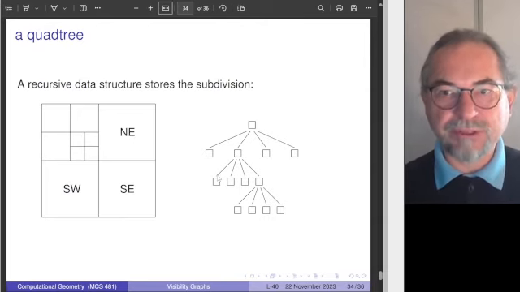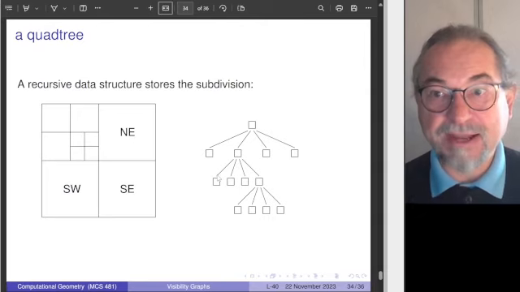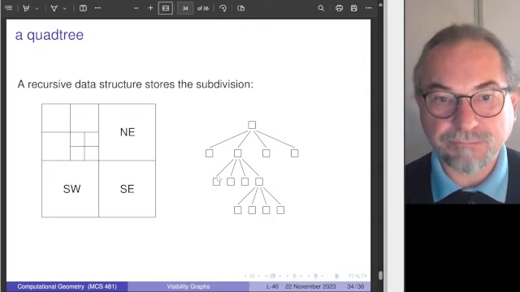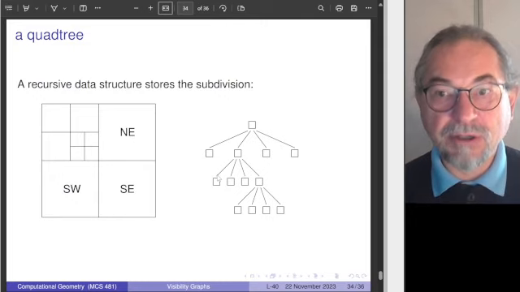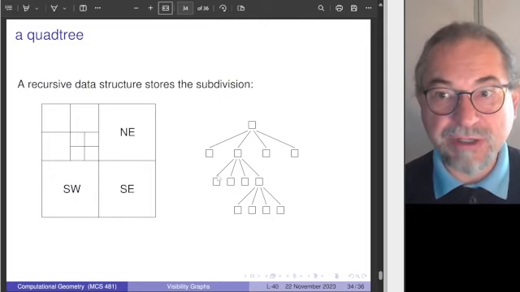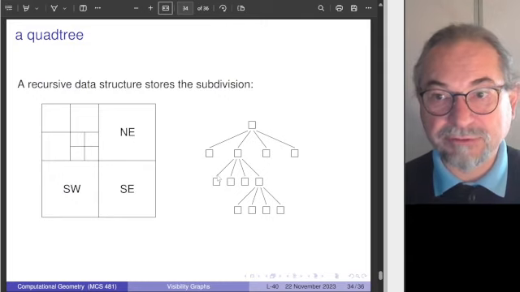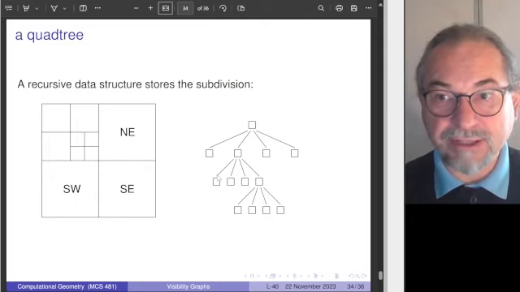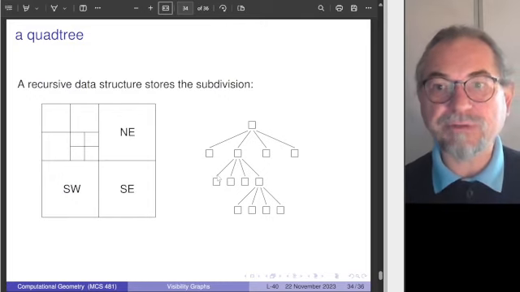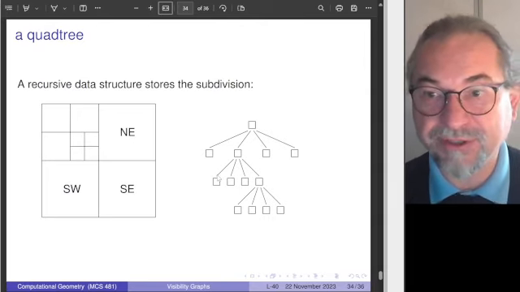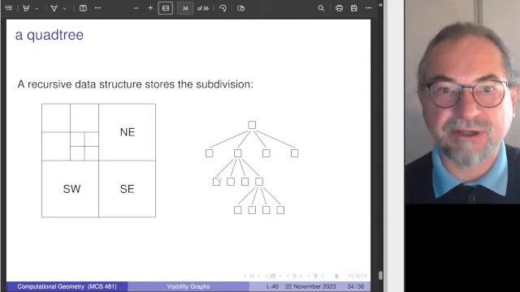It's a quadtree for the quadrants in the plane, the 4 quadrants, and every quadtree node has 4 children. It is a recursive data structure. Triangulating the squares leads to a triangulation where all the angles are either 45 degrees or 90 degrees. So that's another way to construct triangulations.